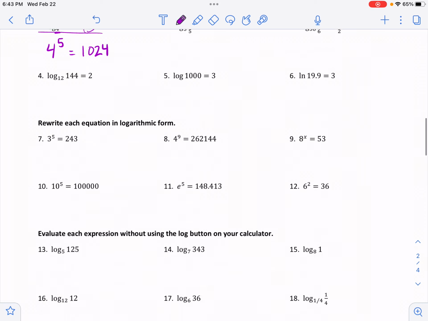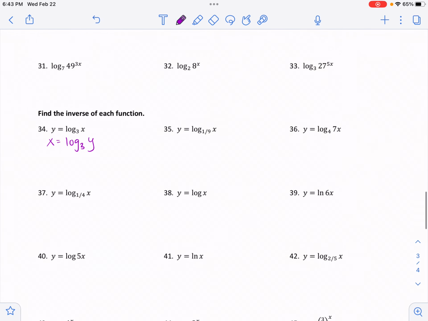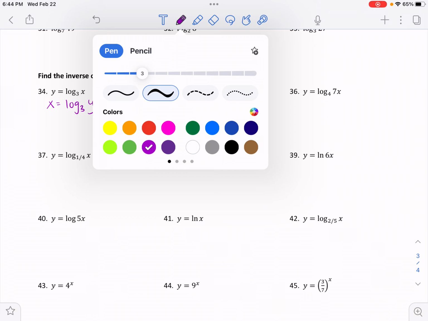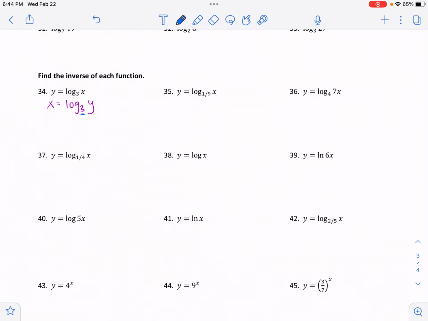Well, I'm going to use that same little rewriting trick right here where I say, all right, I can see that my base in this case is 3, so my base is going to be a 3. Now the log is equal to the exponent, so in this case it's going to equal that exponent of x, and that's going to equal the thing inside the log, which is a y. And y is now alone, which means this right here is my inverse.